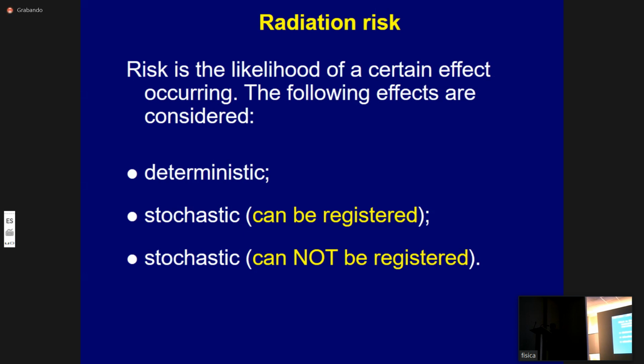Depending on whether a causal relationship can be established between exposure and the occurrence in the exposed population, two subcategories of these effects are distinguished: the category of registered radiogenic cancers and the category of undetectable stochastic radiation effects, for radiogenic cancers and genetic effects.